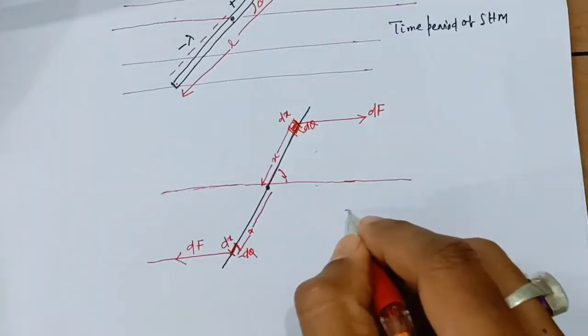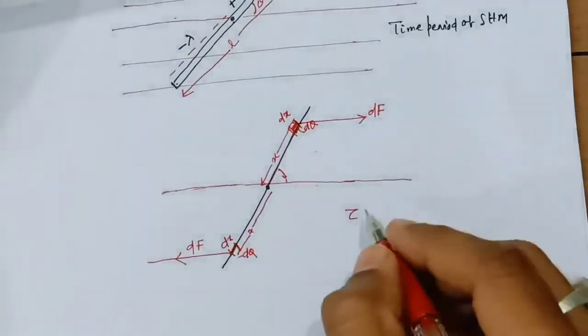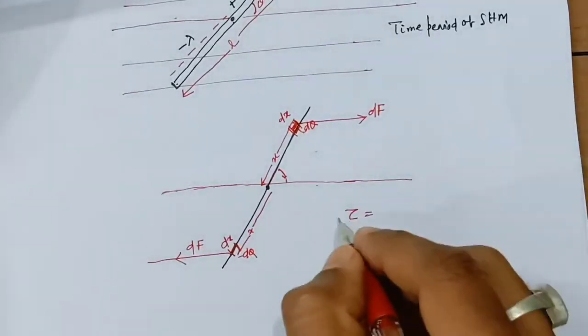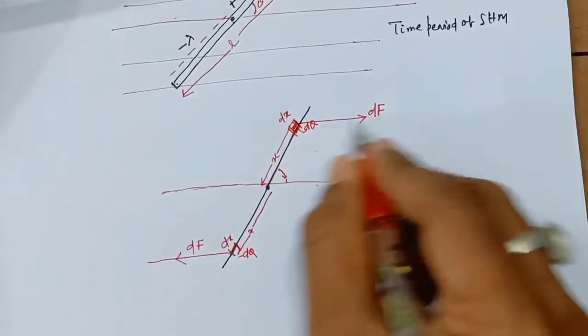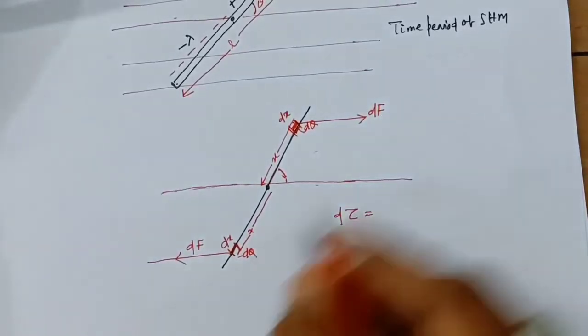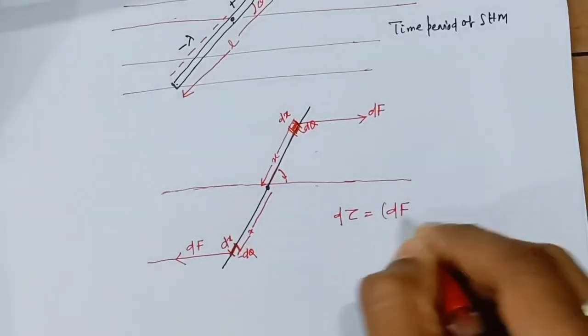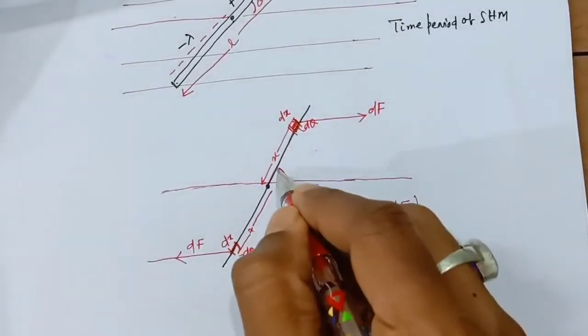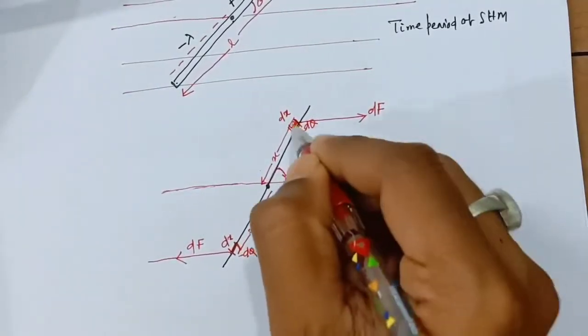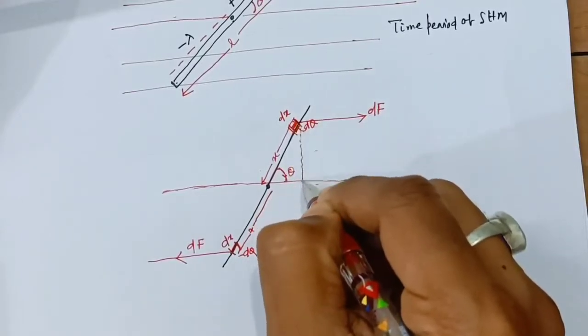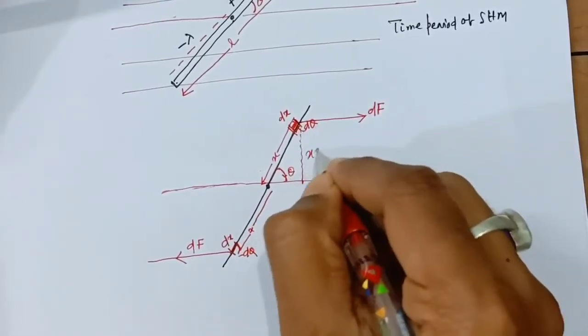I will write my torque. Very carefully, due to this small force, how much torque will be generated? Torque can be written as dF, force into perpendicular distance. If this is x and this angle is theta, can I say this is the perpendicular distance? Yes, this is x sin theta.